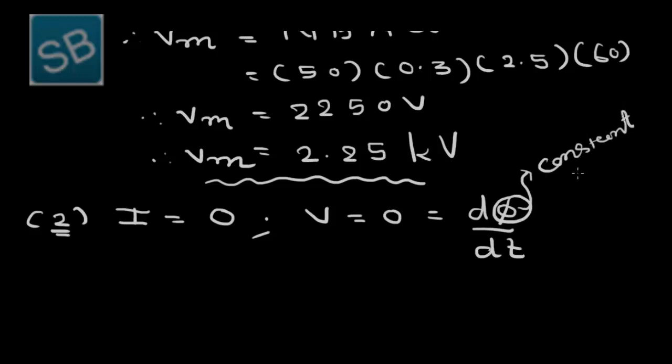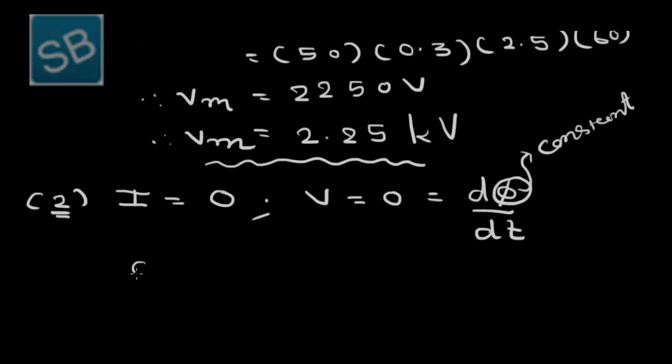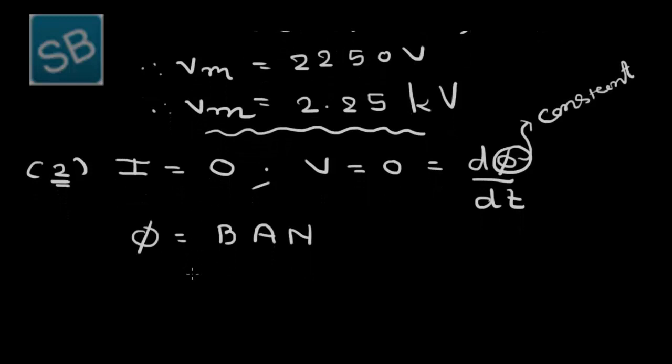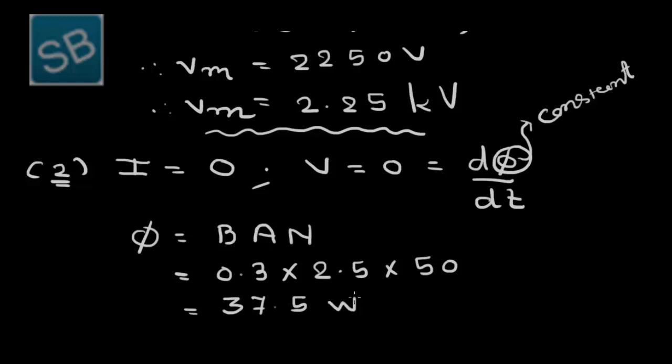And if it is constant, then I can consider its value directly as BAN, and hence the value of B is 0.3, the value of A is 2.5, and the number of turns are 50. So the value of phi is 37.5 Weber, and hence this is the value of magnetic flux which is passing through the coil.